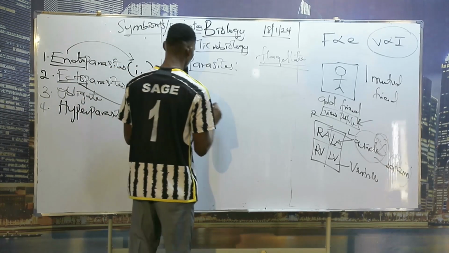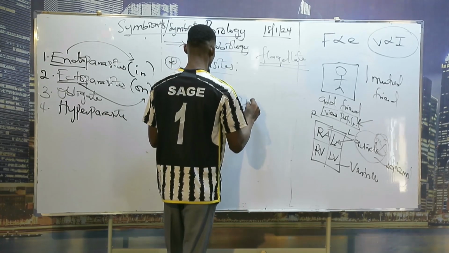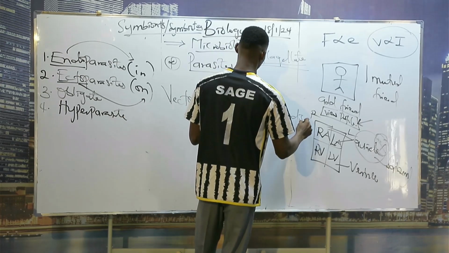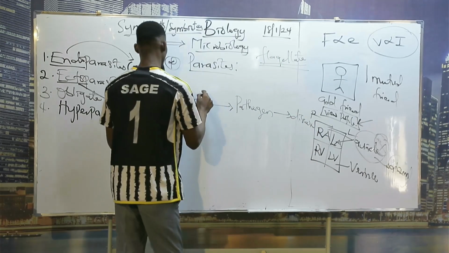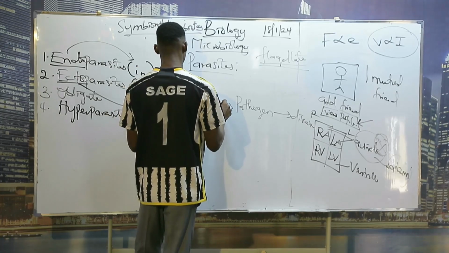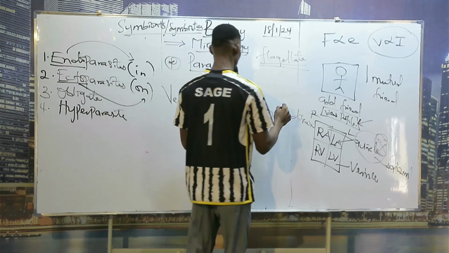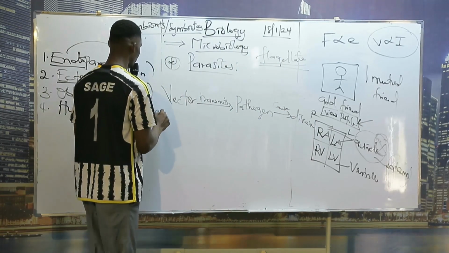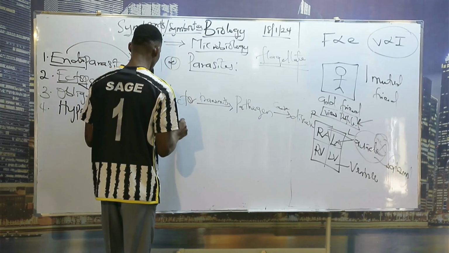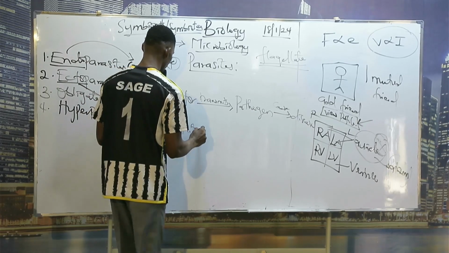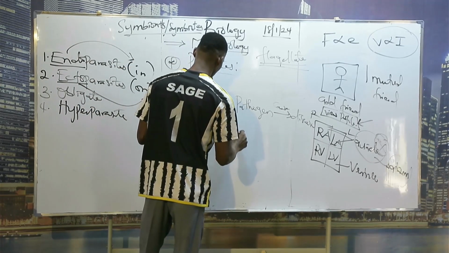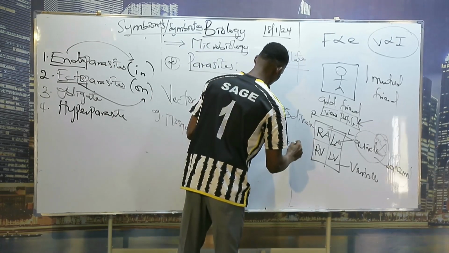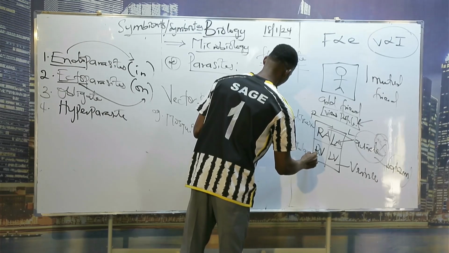Vector to pathogen, then pathogen to disease. So vector transmits pathogen. Pathogen causes disease. Example, mosquito transmits plasmodium. Plasmodium causes malaria.